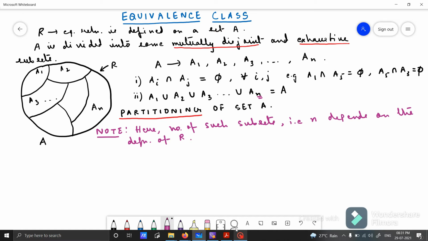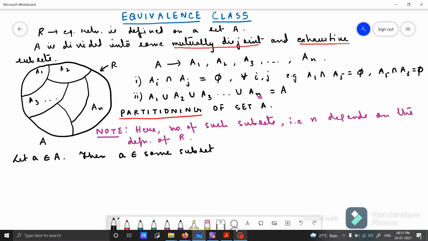Now that you know what is partitioning of a set A, I will come to equivalence class. So suppose small a is an element of the original set A. Then this small a will belong to some subset.